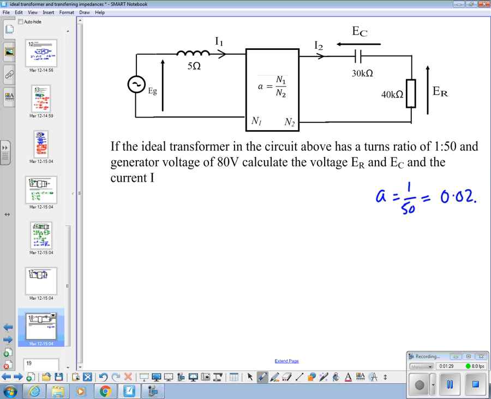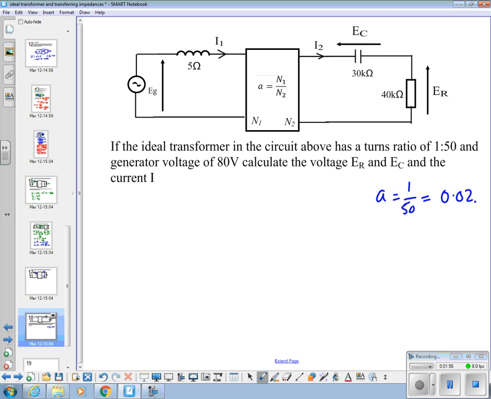But what must you remember about those two values? What have we got to add to the 30 kiloohms for the capacitor, and what have we got to add to the 5 ohms for the inductor? Or in polar terms, you've got to add what angle for capacitor?